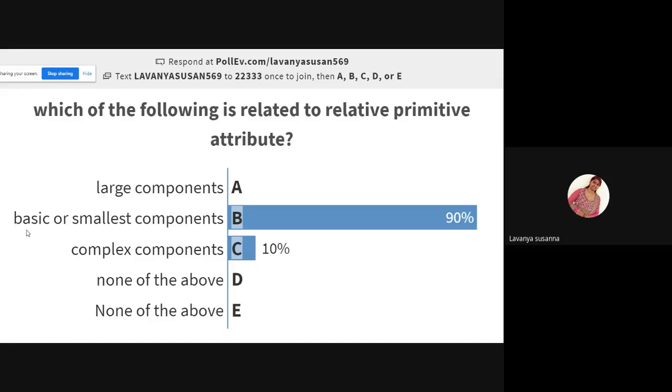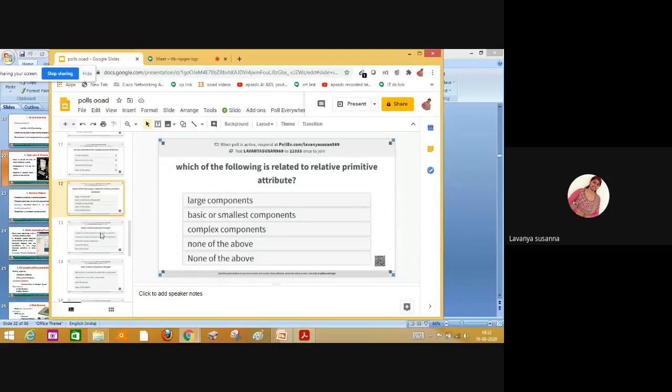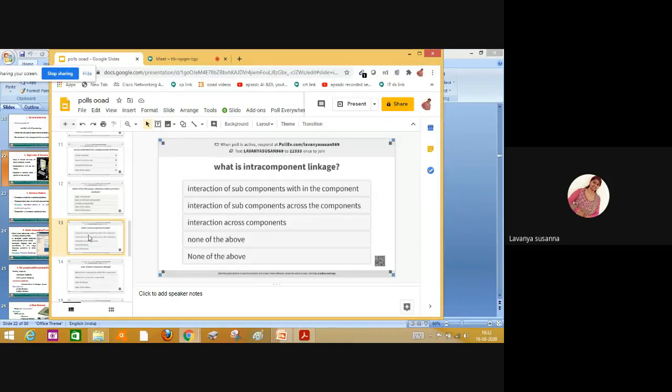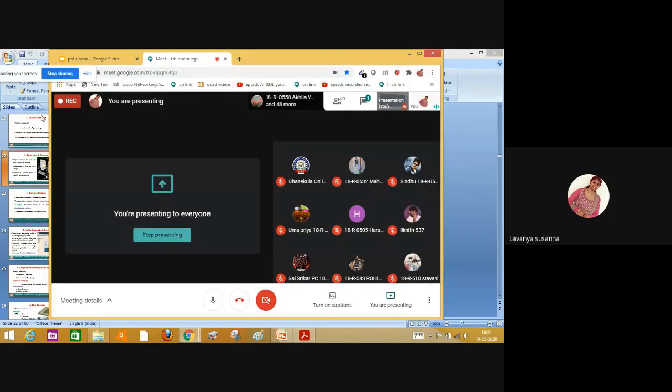This is related to relative primitive, basic or smallest components. Okay, stop responding. Let us continue with the next primitives. Okay, see the screen.